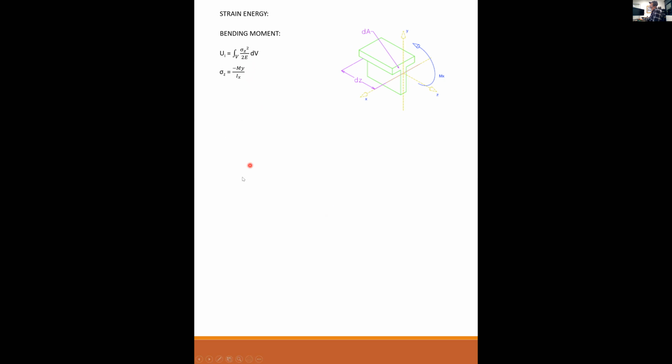And then remembering for bending moments, our flexural formula: the stress is equal to the negative of the moment times y over I. We're taking moments about the x axis, so I put Ix in there. So I substitute the flexural formula, squared, back into sigma z. That gives me this. And then for dV, I substituted dA dz.